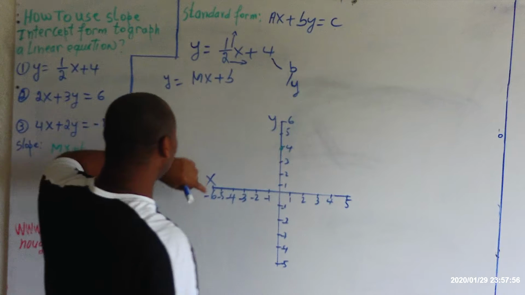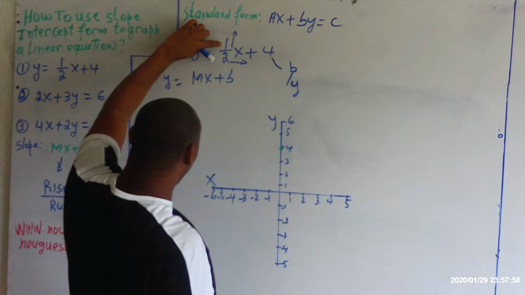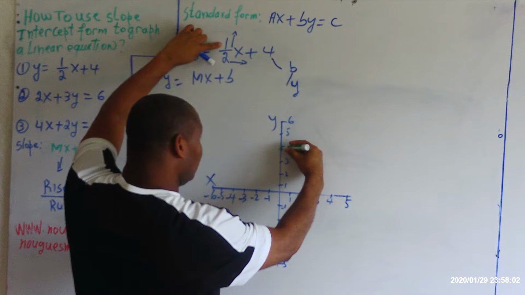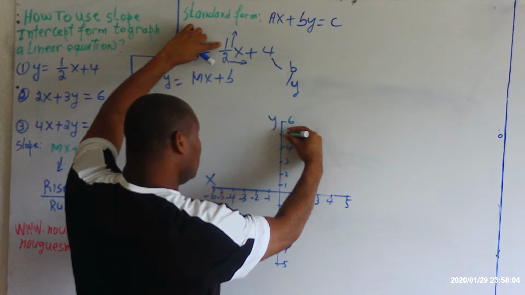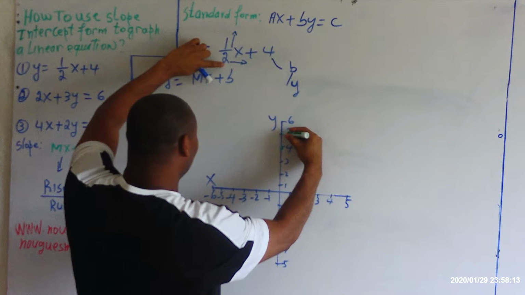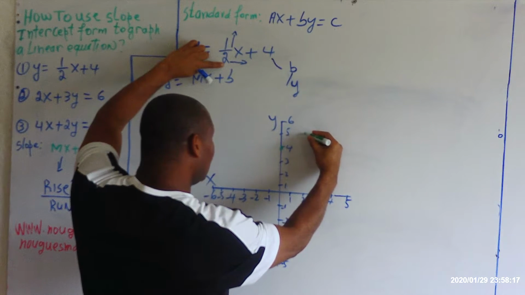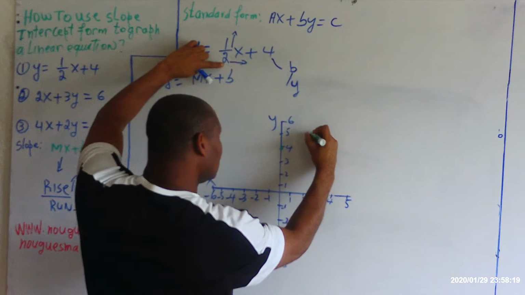So 1/2 means 1 unit up. It was 4, it's going to be 1 unit more, it's going to be 5. Remember, 2 units right. 2 units right means right here. 2 units. Boom.